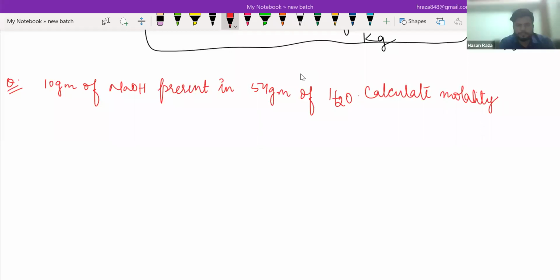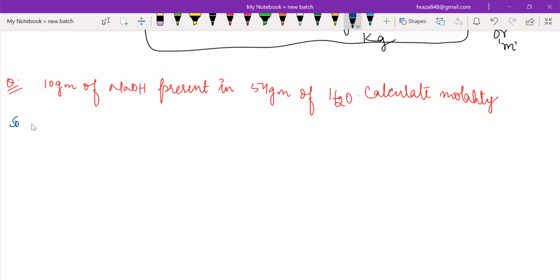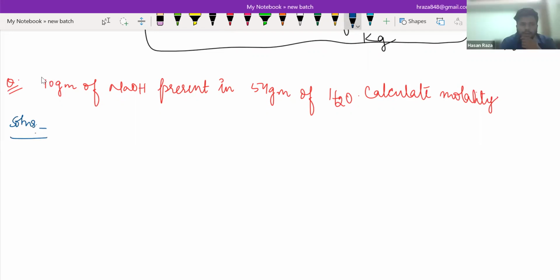0.72. Just see. 10 gram of NaOH solute is given, the mass.